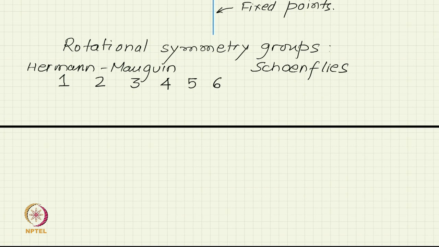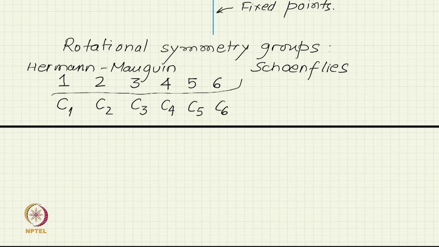The corresponding Schoenflies symbols are just with C. If you write C with 1 as subscript, so C1, C2, C3, C4, C5 and C6, this becomes the Schoenflies notation. C stands for cyclic.